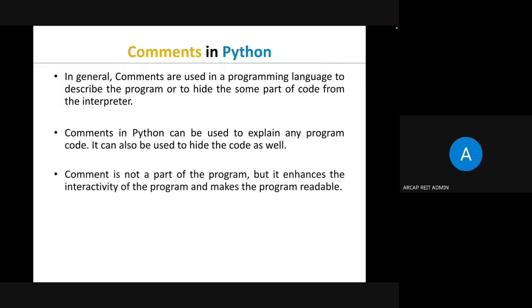Okay, comments in Python can be used to explain any program code. They can also be used to hide code. A comment is not part of the program, but it enhances the interactivity of the program and makes the program readable. So mostly as a developer, either you'll be writing a comment to explain the code, or you want to hide some code, some feature. Then you'll simply keep that code in a comment.